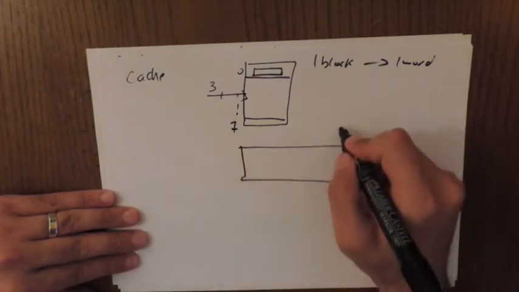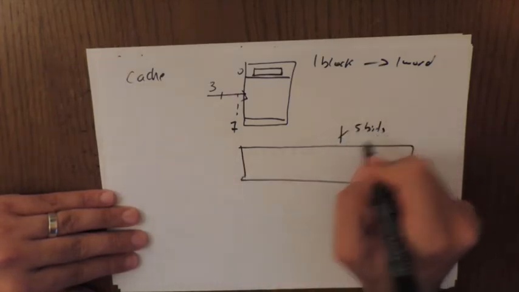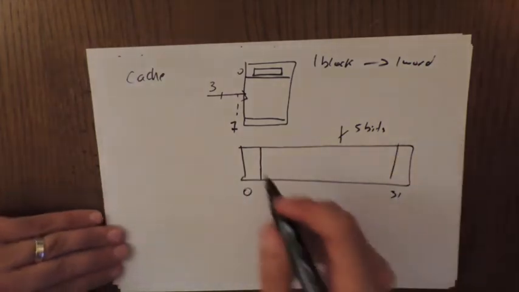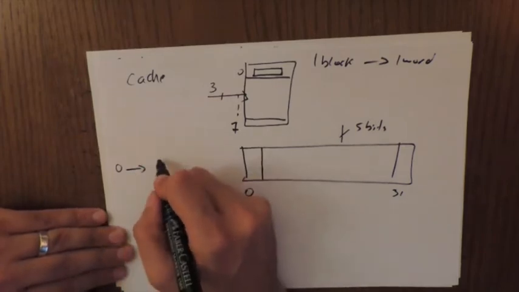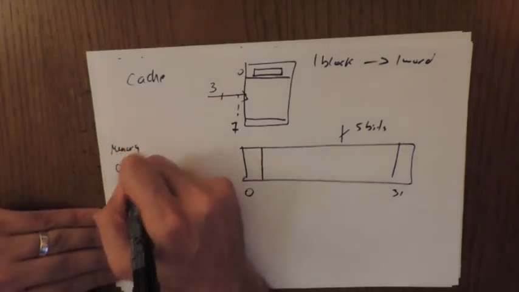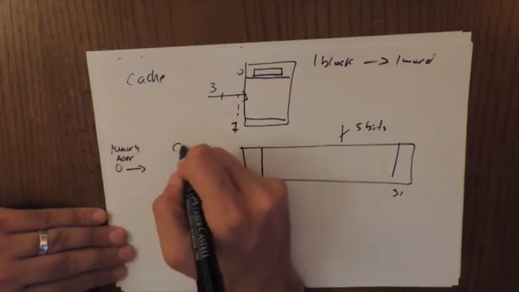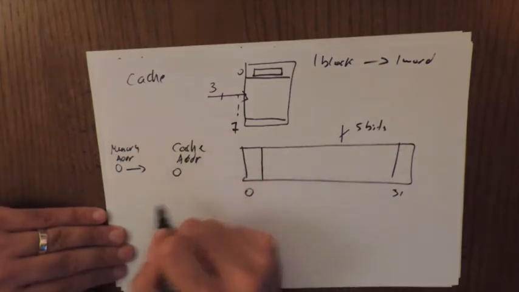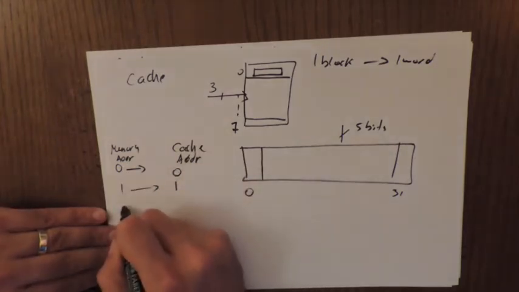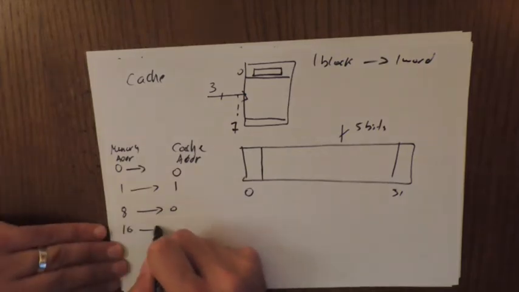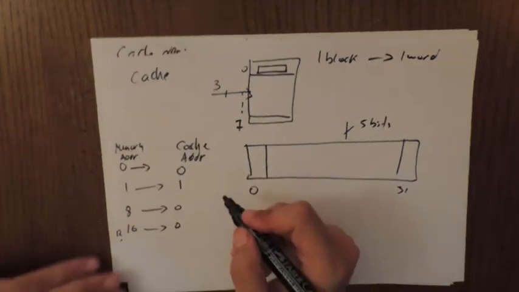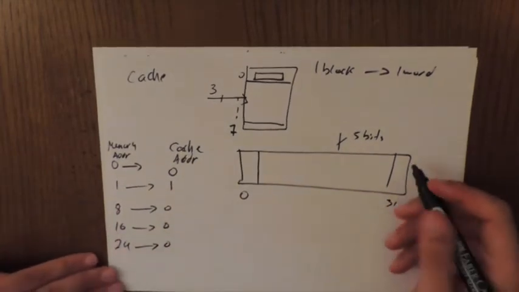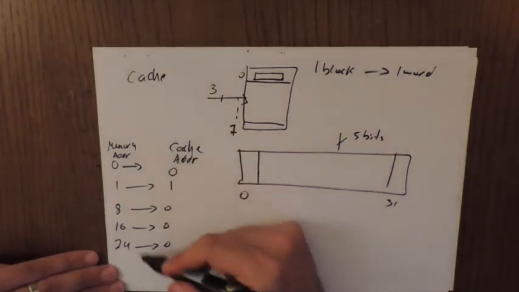The main memory has a 5-bit address since I'm going from 0 to 31. So as I said, block 0 will go to cache address 0, 1 will go to 1, 8 will go to 0, 16 will go to 0, and every multiple of 8, 24 will go to 0, and we don't have greater because we only have 31 addresses. So how can I differentiate between those 4 locations?